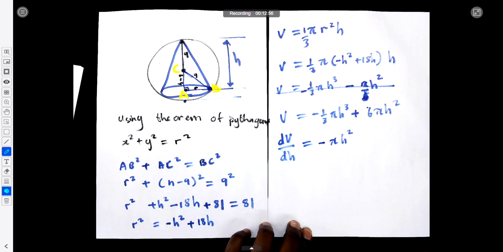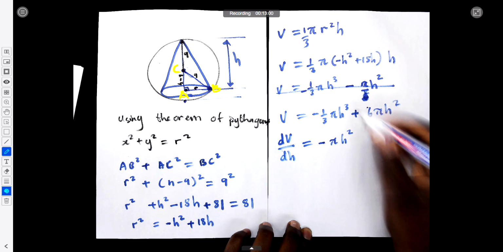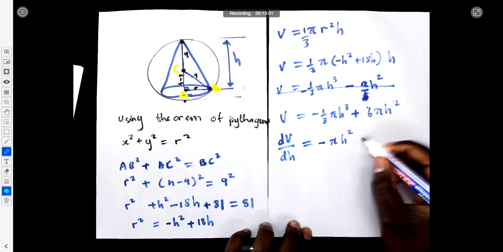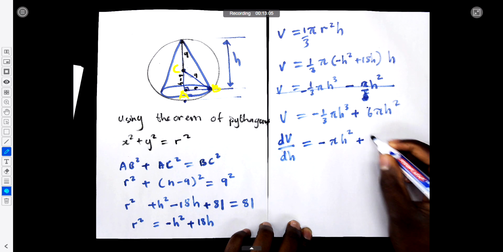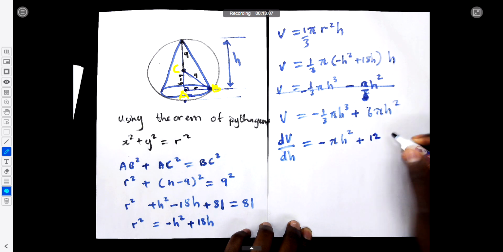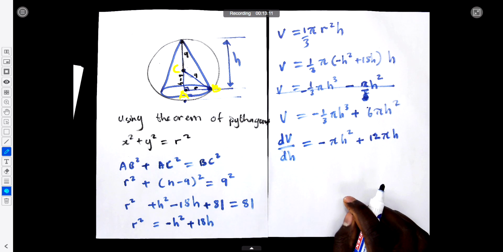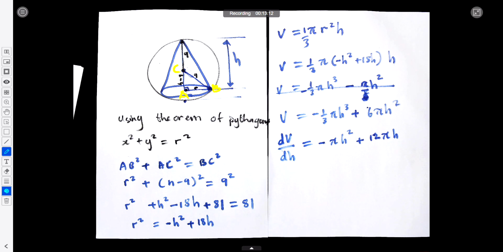So 1 over 3 times 3 is 1 times pi, subtract 1 from the power of h cubed. Therefore, plus 6 times 2, so we have 12 pi, subtract 1 from the power of h there.